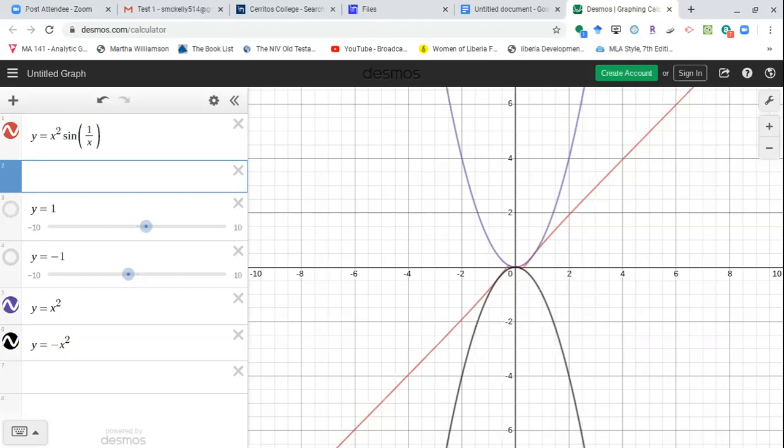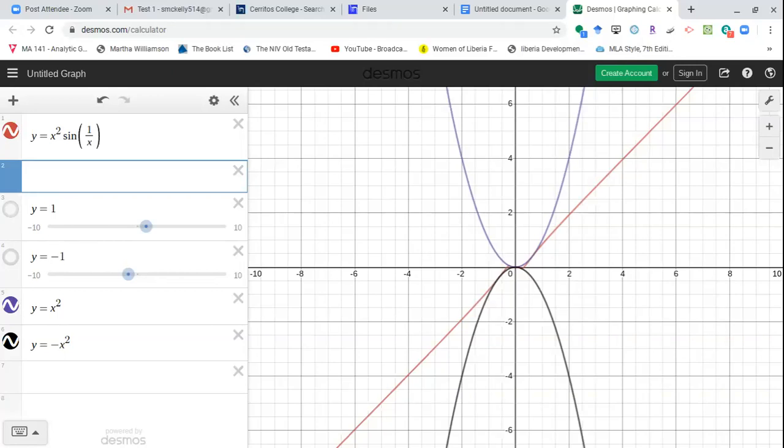And I'll look at the lecture today after we leave to see what it says. The limit as x goes to 0 of x squared sine 1 over x must be 0. Does that make sense?